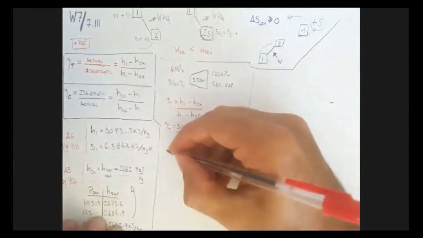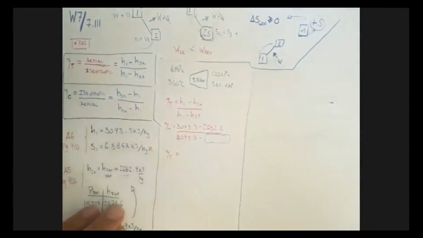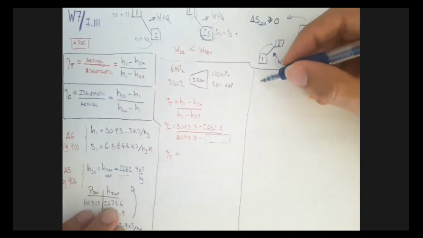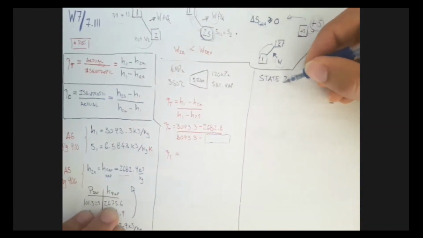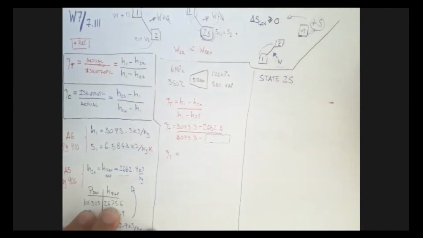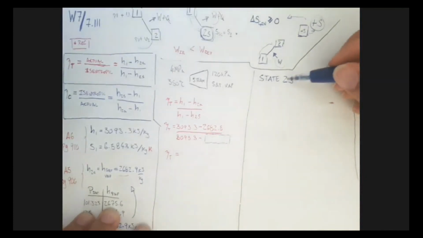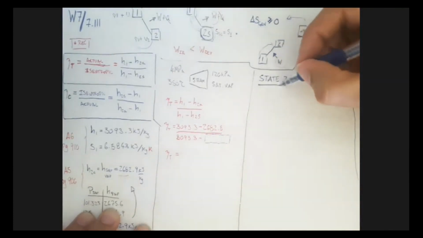Okay, so we can define our efficiency. So let's define that guy. What do we know about this imaginary state? We know two things. Okay, the first thing that I know, let's call it state 2s. Okay, again, S for entropy. So what do we know about this state 2s?